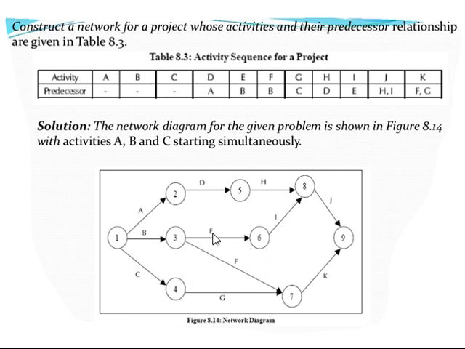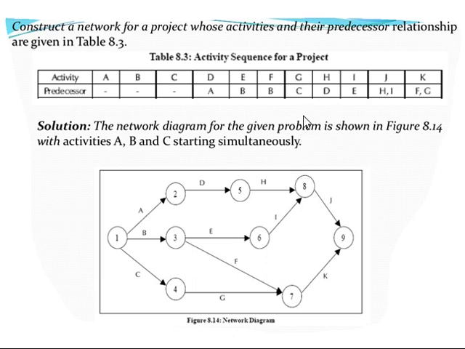That means two activities will emerge. The activities are E and F. This is activity E and this is activity F. Activity E will end up at node 6, and activity F will end up at node 7.